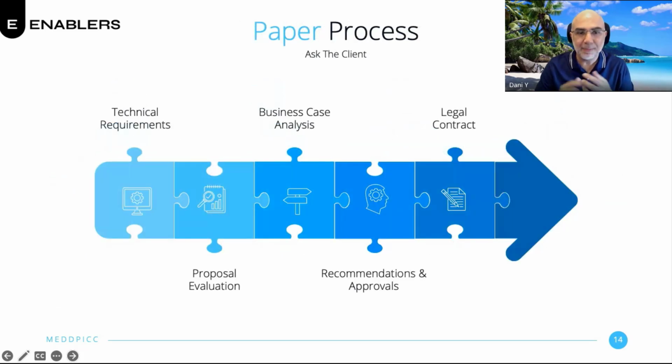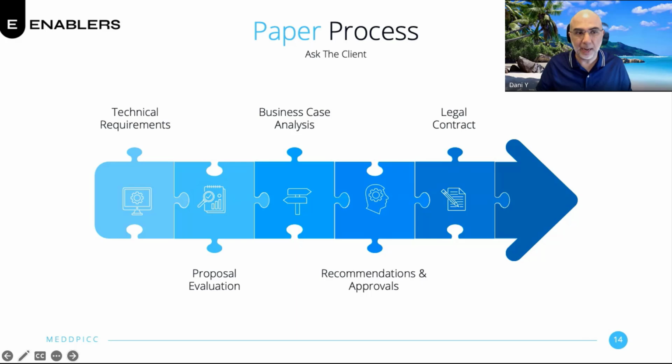Now, the P in MEDDPICC represents the paper process, or the internal paperwork and approval stages involved in reaching a decision for procuring your solution or any solution. Common stages in a paper process include a set of technical requirements that are either advertised in an RFP or shared with you over an email or communicated in some other fashion, and leads to an evaluation of your proposal and indeed multiple proposals, followed by, in some cases, a business case analysis, especially in public sector, where they perform a cost-benefit analysis, a what-if analysis, a variance analysis.